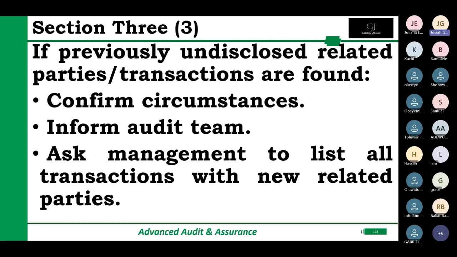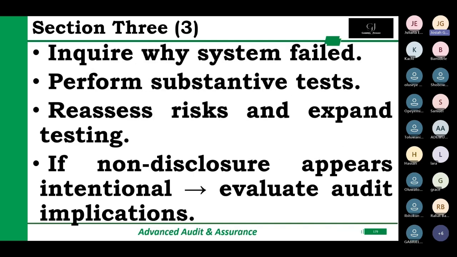The auditor should inform the audit team and ask management to list all transactions with new related parties, and also inquire why the system failed in following due process of identifying these related party transactions. And where internal controls have failed, auditors have to perform substantive testing to fish out others. Then he needs to reassess risks and also expand his test and audit procedures or tests of details.